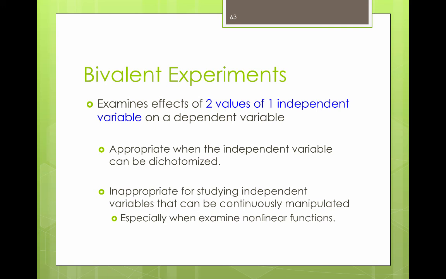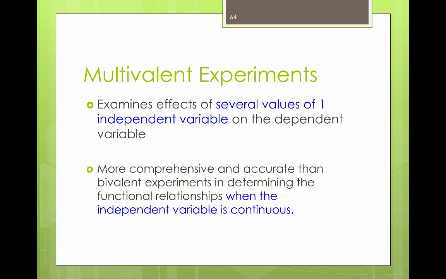It's appropriate when the independent variable can be dichotomized. It's inappropriate for studying independent variables that can be continuously manipulated, especially when we examine nonlinear functions. For that, we would do a multivalent experiment where we have several values of one independent variable on the dependent variable. This is more comprehensive and accurate than a bivalent experiment in determining the functional relationship when the independent variable is continuous.